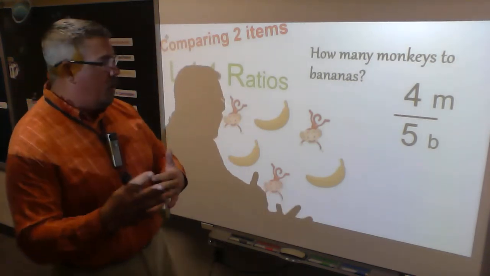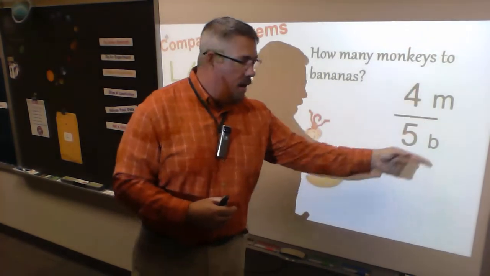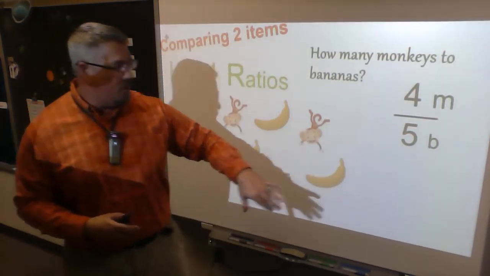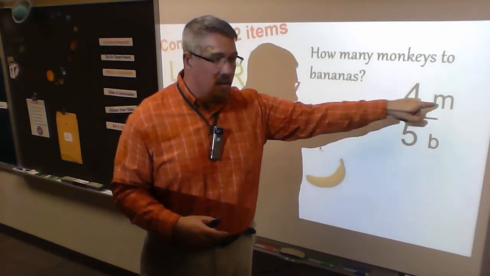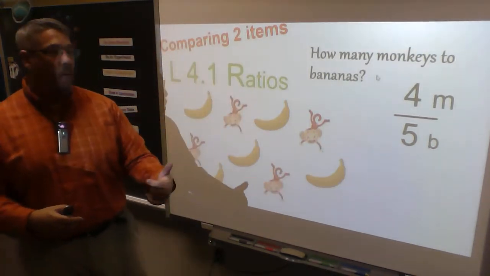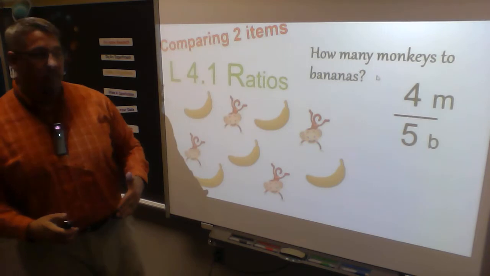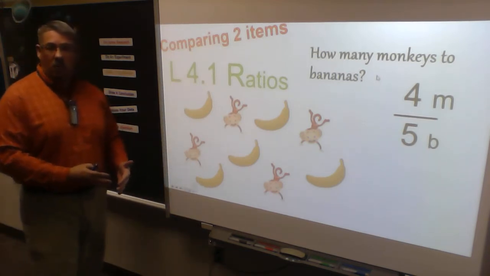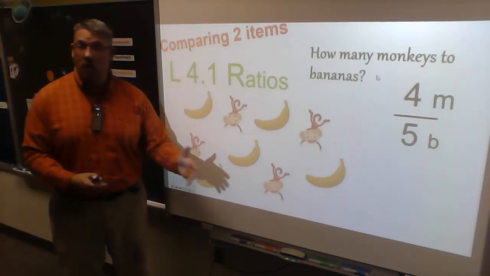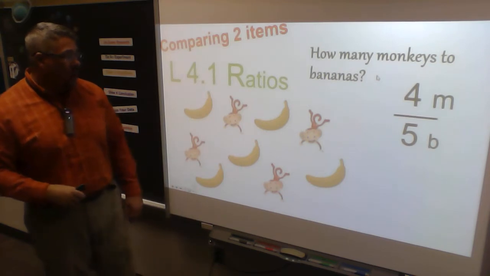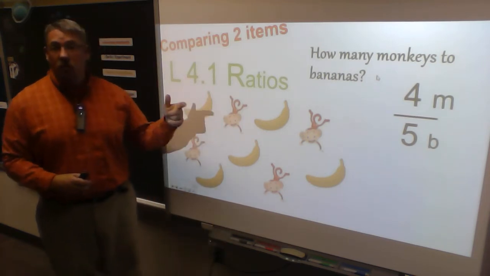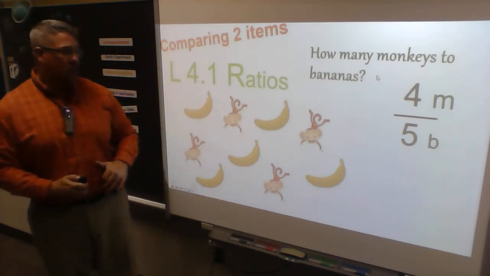Now, you don't have to have those labels there, but I'm just showing you that because monkeys is listed first, it's going to go on top. And because bananas is listed second, it's going to go on bottom. What has to be is the numbers in the right order and the correct numbers, and you all can count, so you're good to go there. So I know I do have 4 monkeys to 5 bananas.